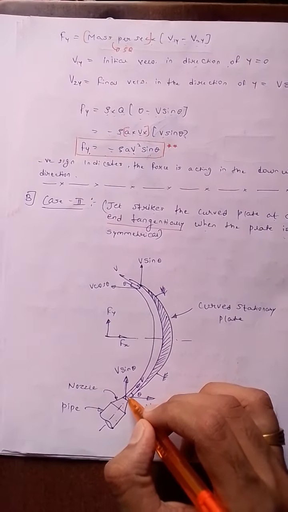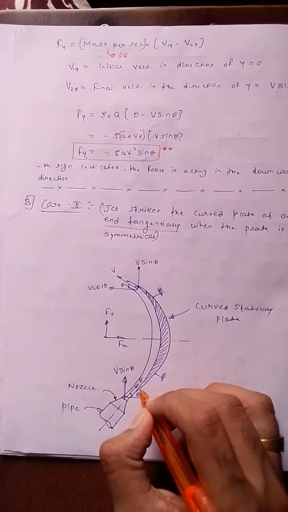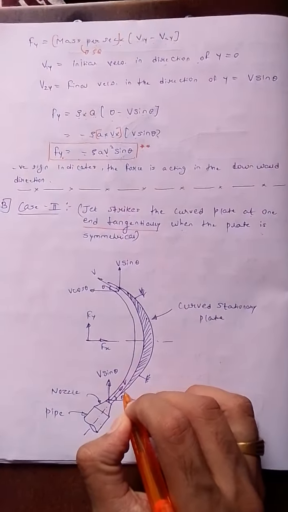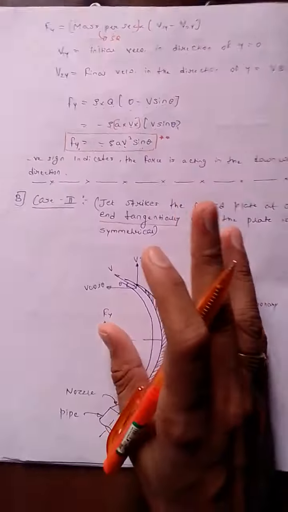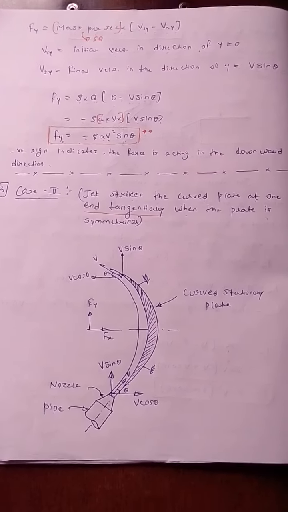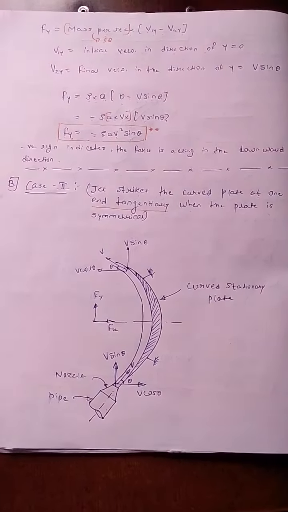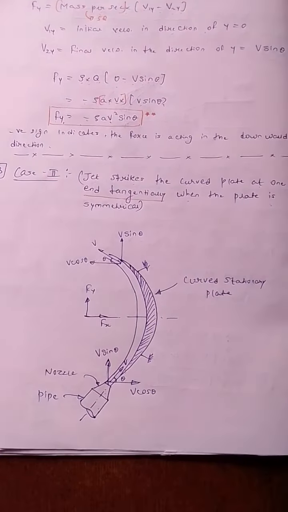The jet is striking the plate tangentially, means from the bottom end and not from the center. So the formula will automatically change, the whole derivation will change, velocities and the components will be changing. So we will go to the derivation.